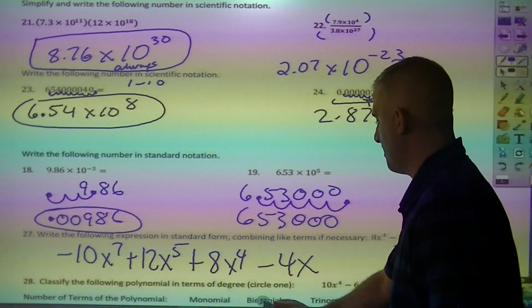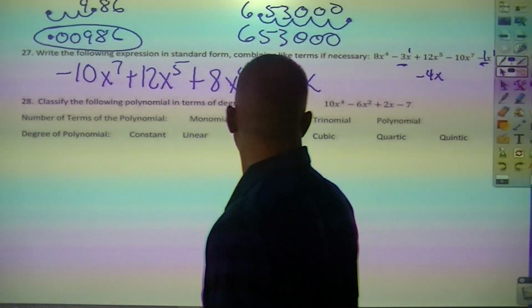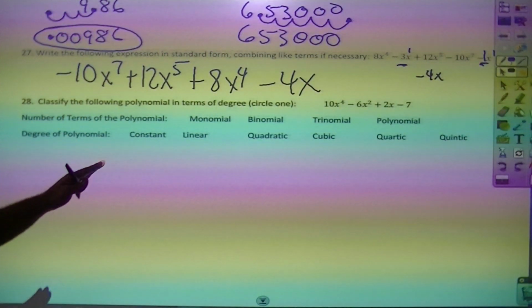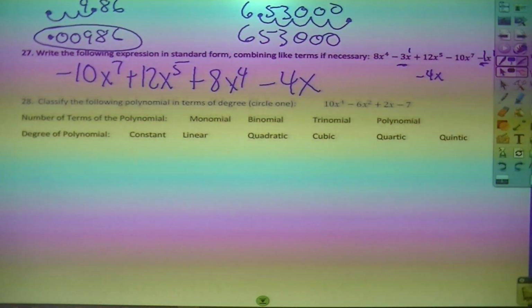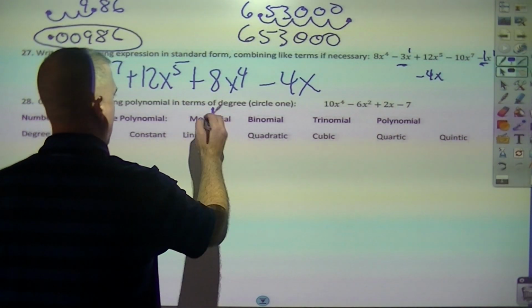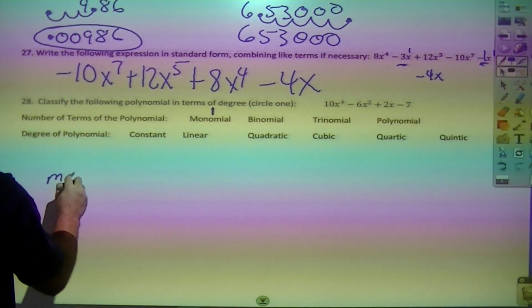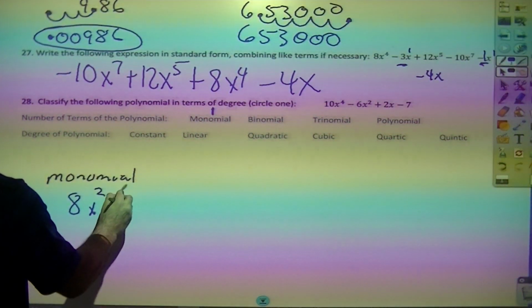All right, moving on to the last couple questions. Okay, all right, it says classify the polynomial by degree, number of terms, and then the degree. All right, so a monomial would be 1 term, okay? A monomial, let me give you some examples. A monomial is like the things we have when it's like this.